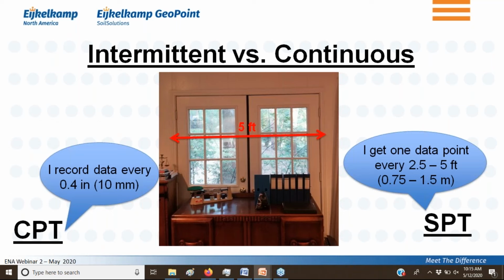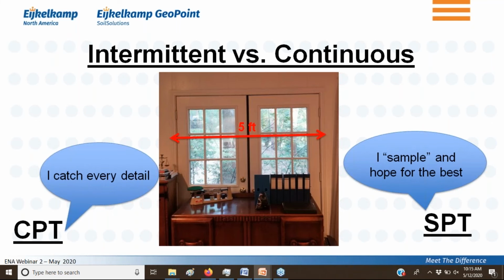With SPT, you get a data point every 2.5 or every 5 feet or something like that, every 0.75 to 1.5 meters. If it is just testing every 5 feet, it would look at the left of these doors, it would look at the right of the doors, it would see no windows, it would assume therefore that in between there is no window because it's the same data point that you have on either side of the window, and therefore he cannot look outside.